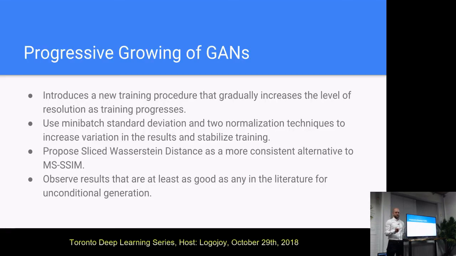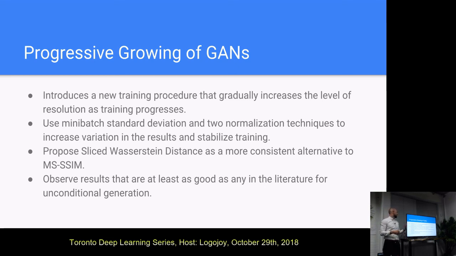So, conclusion. The progressive growing of GANs paper introduces a new training procedure that gradually increases the resolution of images going through training as the training progresses. This has a lot of benefits, namely that you can pass a lot of images through quickly, you fix the problem of the discriminator and the generator being too far apart early in training, and you're able to train to very high resolutions.